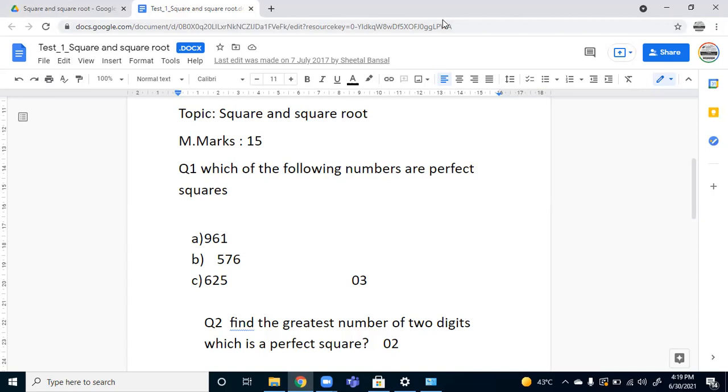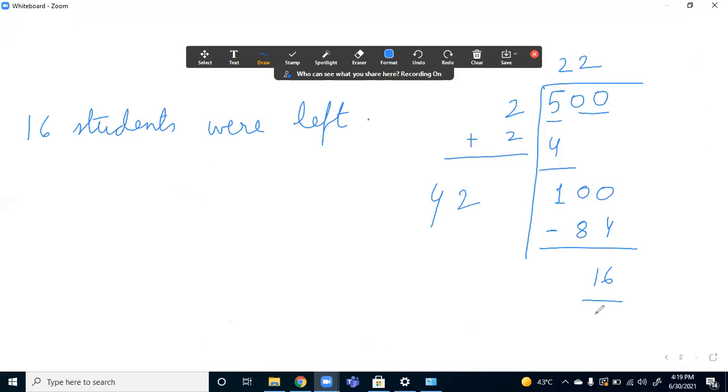Let's say it is 961. So I will be doing the prime factorization and checking. So by which number should I divide this?